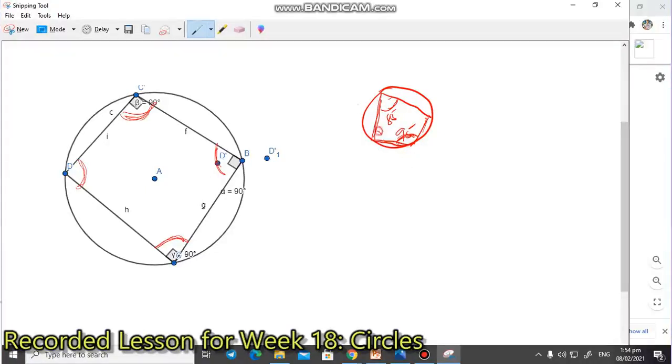Okay, and this one also is 180 degrees. Okay, so for example, this is 35 naman. 180 plus 35 is equal to 145. Therefore, this side right here is 145 degrees. Adding it all up together, we have 360 degrees.